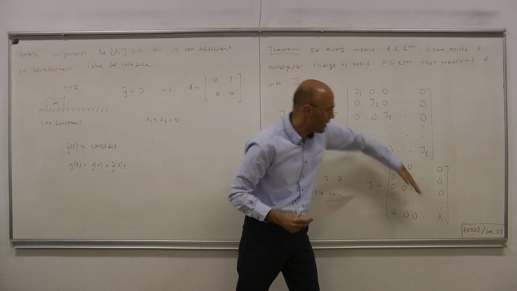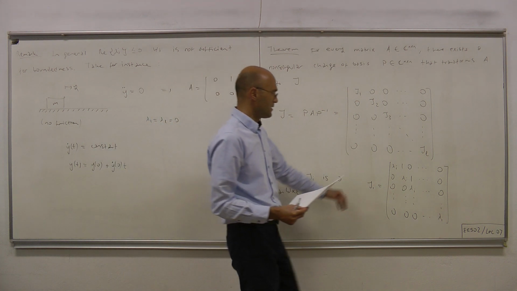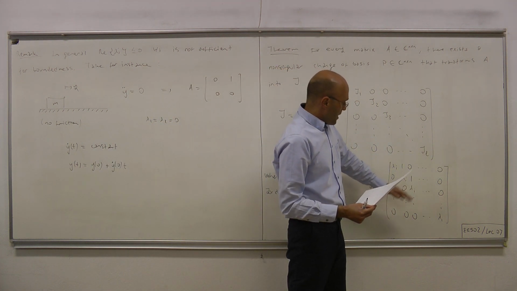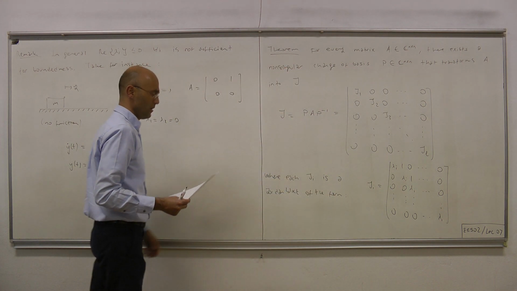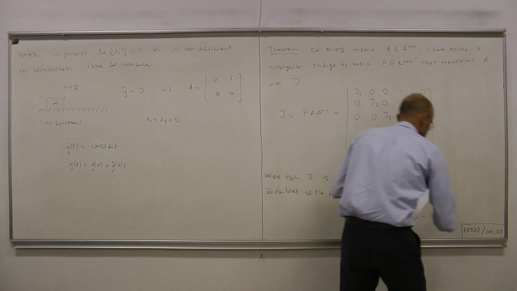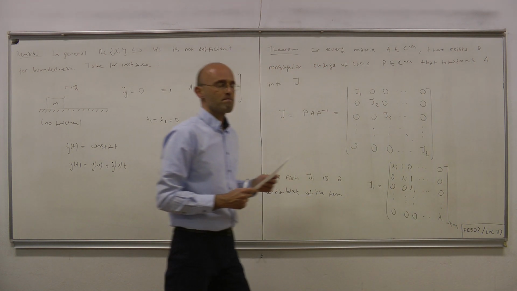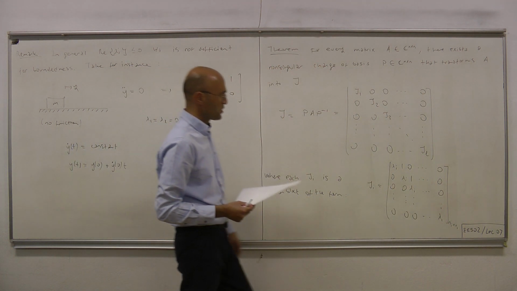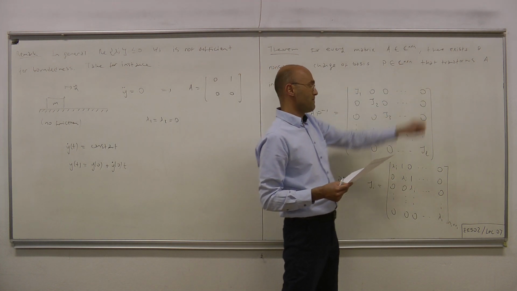It has all lambda i's on the main diagonal, and on the sub-diagonal we have all ones, and the remaining entries are 0. So this is a square matrix Ni by Ni. If you sum all these Ni's, they must add up to n.